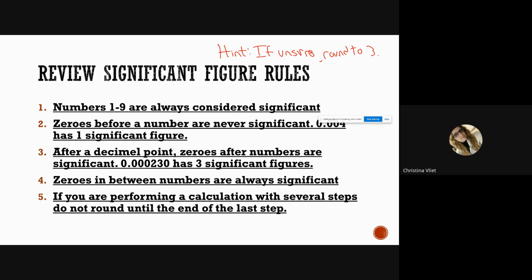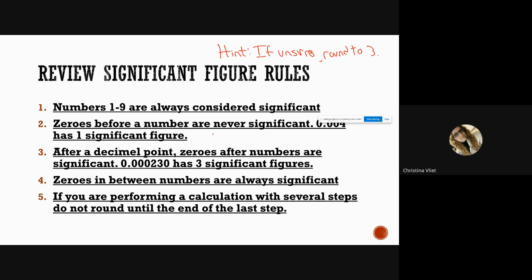I did give an assignment. You have to get 80% or higher on it to get full credit in the grade book. So here they are. When you're evaluating a measurement, numbers 1, 2, 3, 4, 5, 6, 7, 8, and 9 are always significant. The only question we're ever going to have is with the number 0.